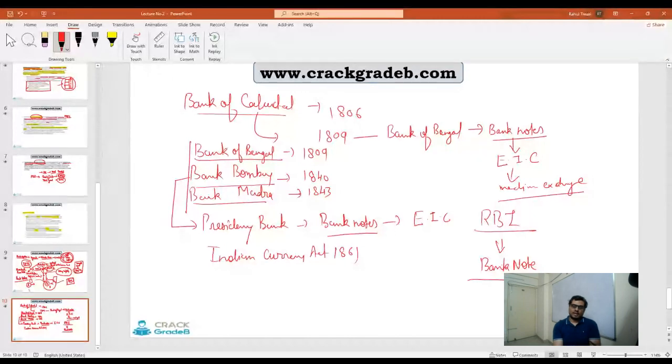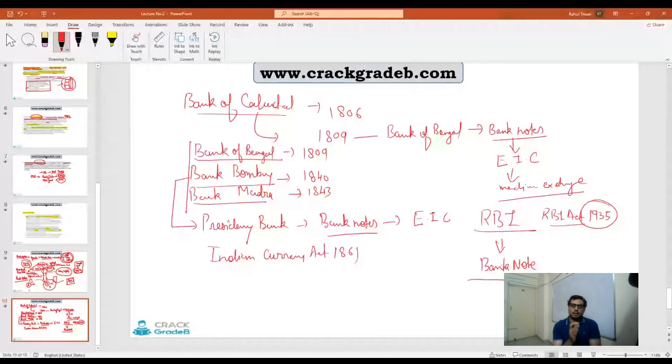What he actually did: as per the RBI Act 1935, the bank notes issued by RBI shall be accepted by the government of India as a currency.